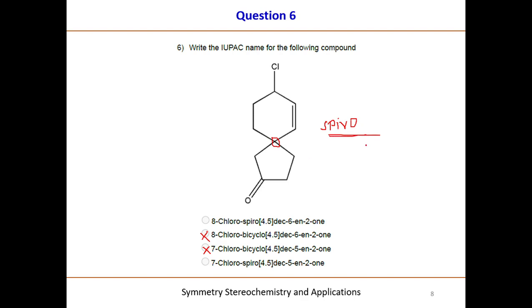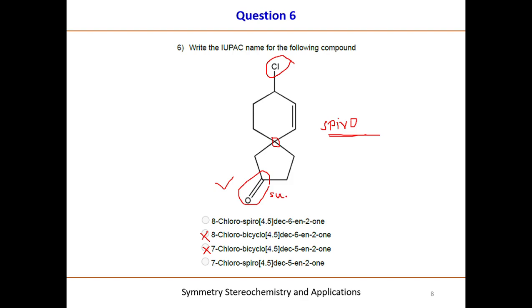Now we have to find the prefix and suffix present in this organic compound. The prefix is the substituent present on the parent chain, and the suffix is the highest priority functional group. As discussed earlier, between ketone and halogen, ketone is the highest priority functional group, so ketone is our suffix.